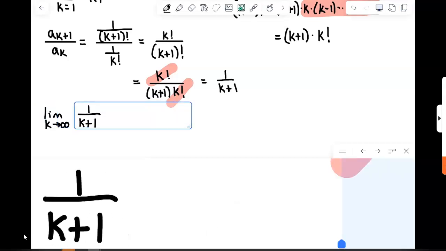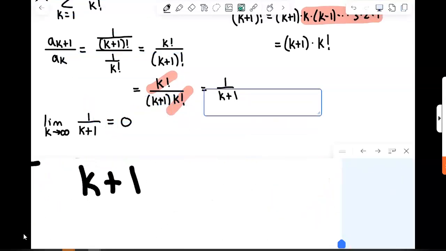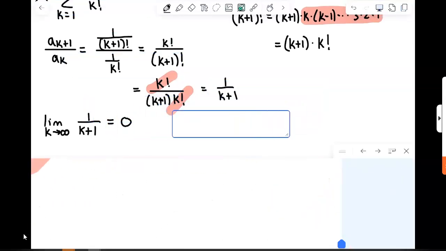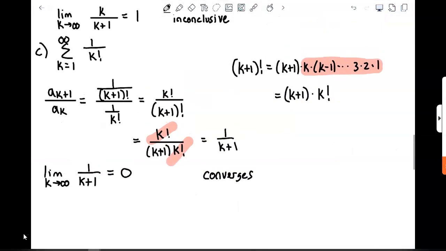Of course, as k goes to infinity, that's just going to go to 0. And since by the ratio test it's 0, which is less than 1, therefore this series, 1 over k factorial, converges.